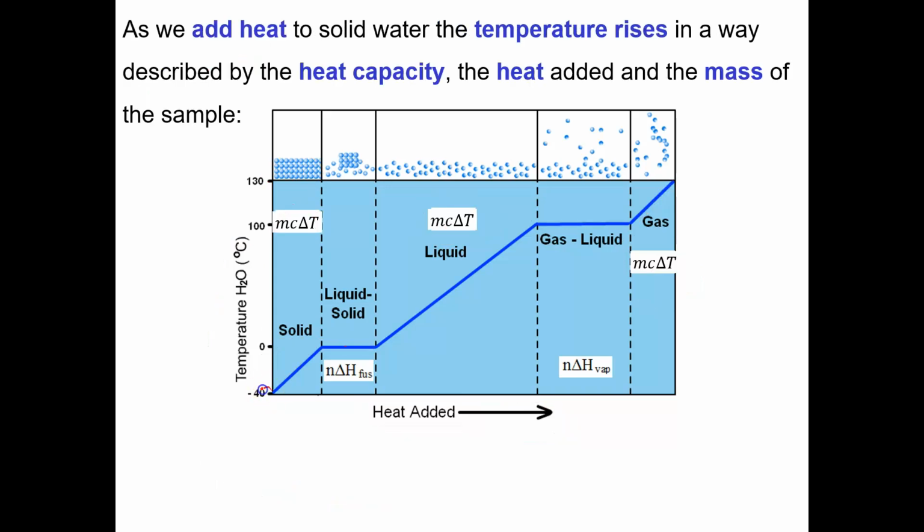So we're going to start at minus 40 degrees Celsius, and we're going to add heat. What we see is a linear rise in temperature, and the slope of that rise is determined by the equation Q equals mc delta T. Q is equal to mass, that's what the m is for, times the heat capacity, times the change in temperature, the delta T. It kind of makes sense: the bigger and heavier our sample, the more heat it takes to change its temperature.